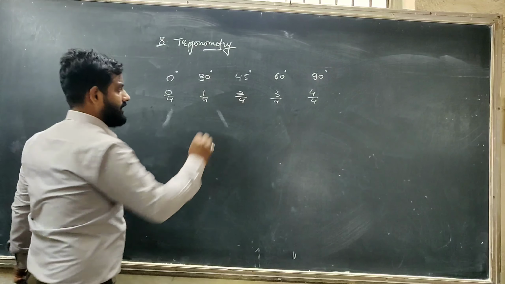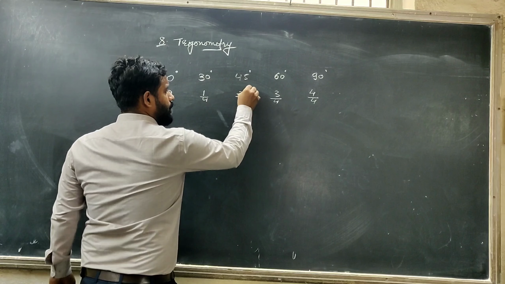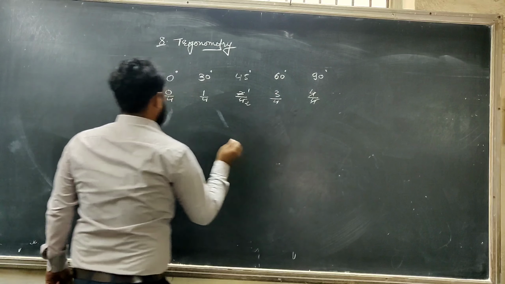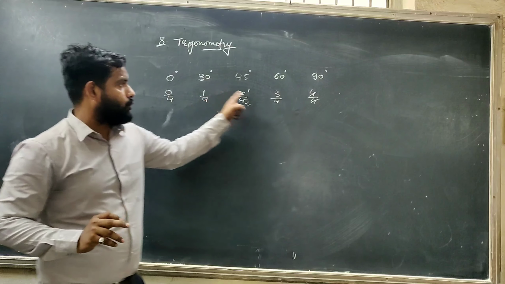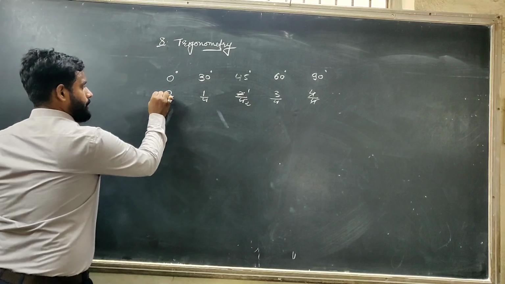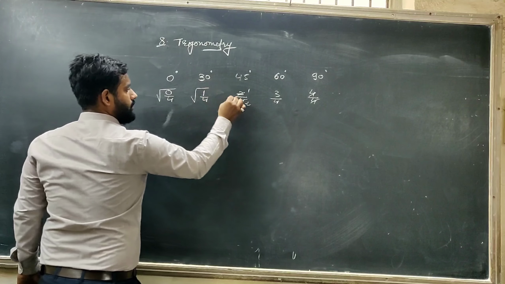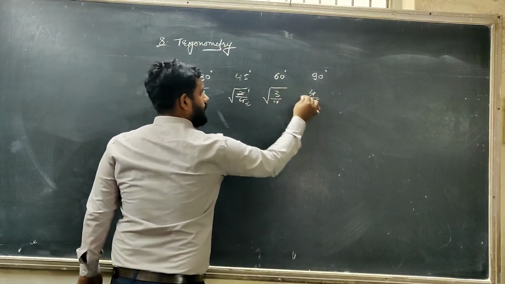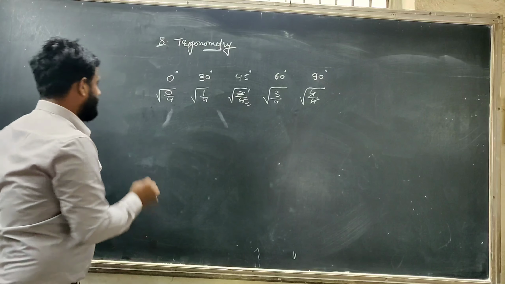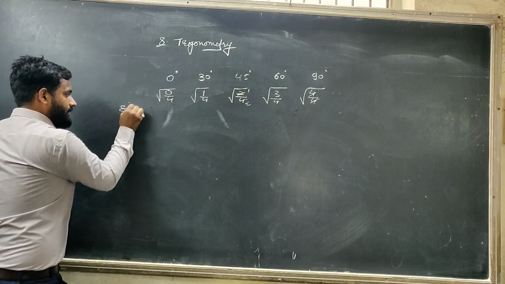First of all, cancel wherever cancellation is possible: 2 ones are 2, 2 twos are 4 and 4 ones are 4. Now, after dividing 0, 1, 2, 3, 4 by 4, take the square root. Whatever answer you get, that will be the value of sine.